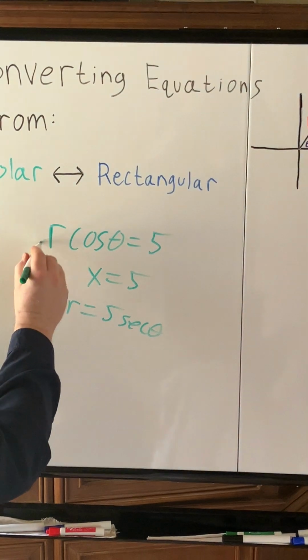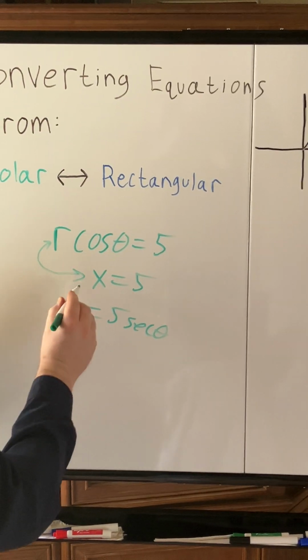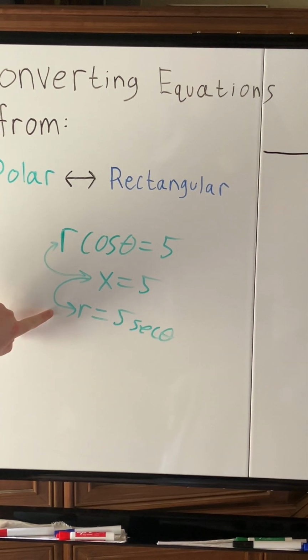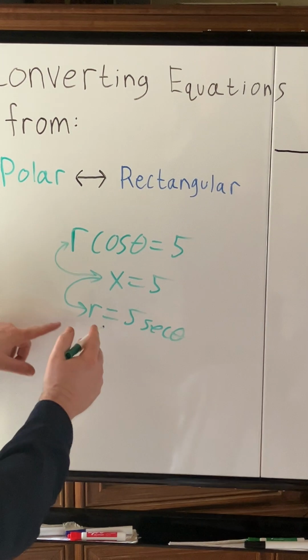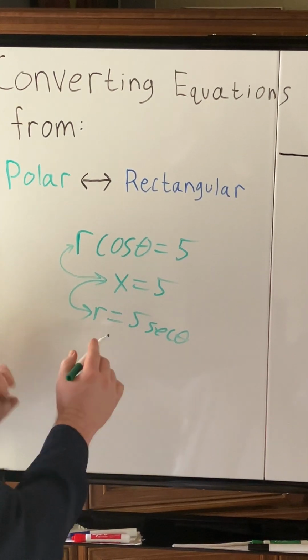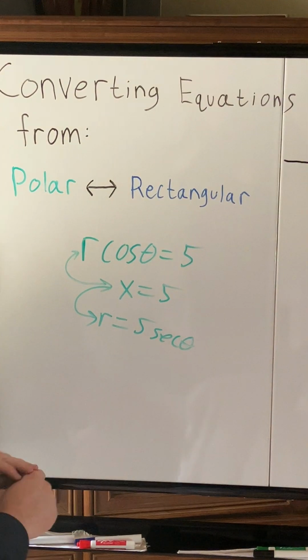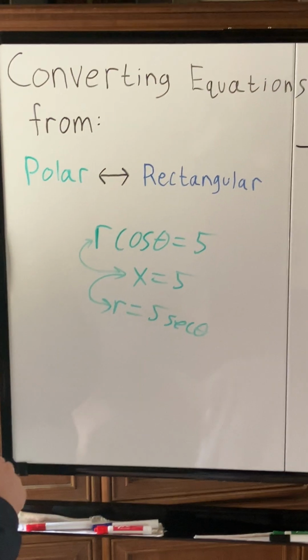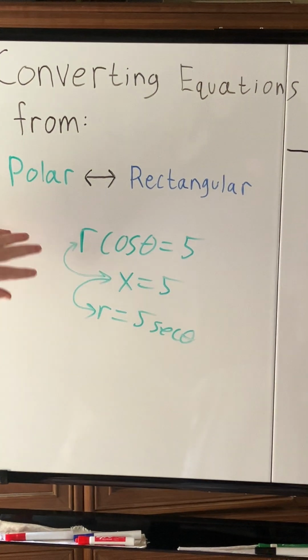So this converts to that, but then if I started here, I would actually want to write it as that. The reason is when your goal is to write it in polar form, you again want it to be r equals. So it just depends on the type of question.